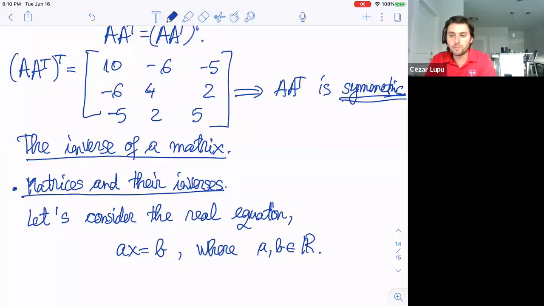So how did you solve this? You divide by A, and then you'll say that X equals B over A, but there is a problem. Can you divide always by the real number A? What do you think?